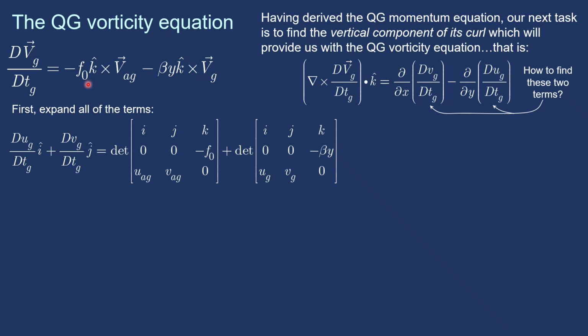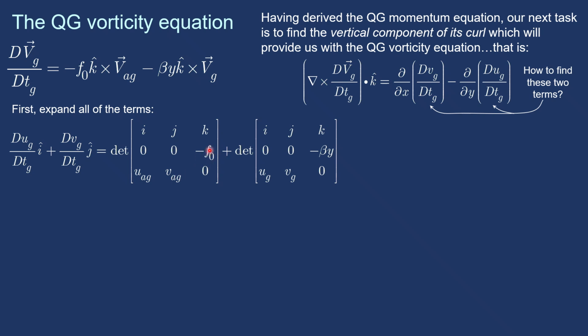The good news is the first term in each of these cross products only involves k-hat, and so we have two zeros in the first row in our determinants each time, which is going to simplify the math quite a bit. For the first one, starting with i-hat, reading down into the right, we have 0 times 0. Reading down into the left and cross determinant, we have negative f naught times v_ag.